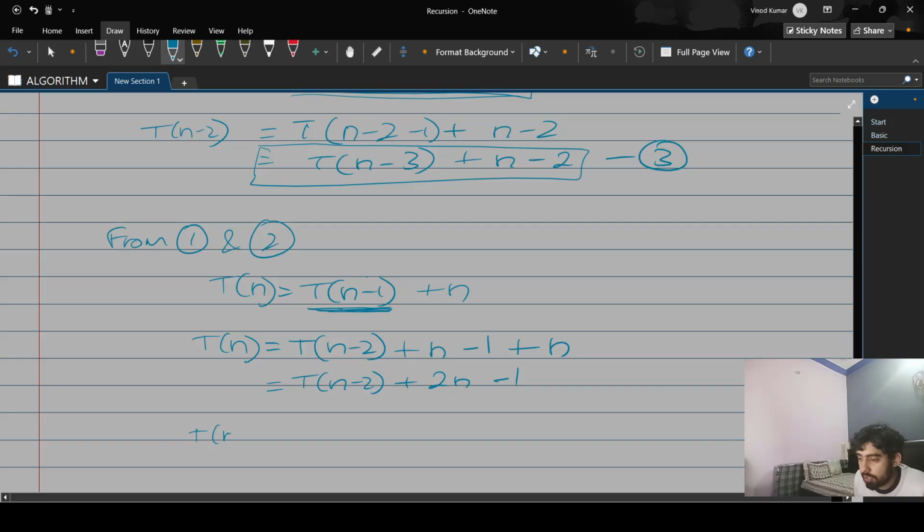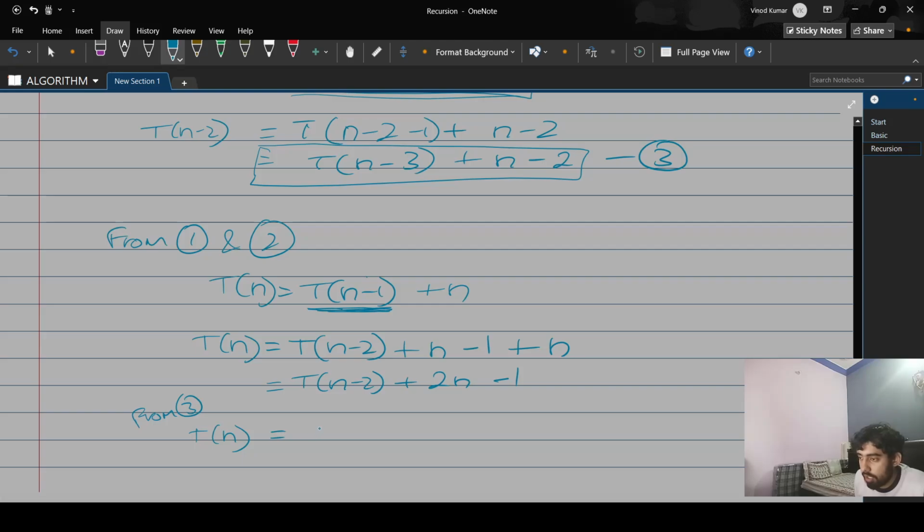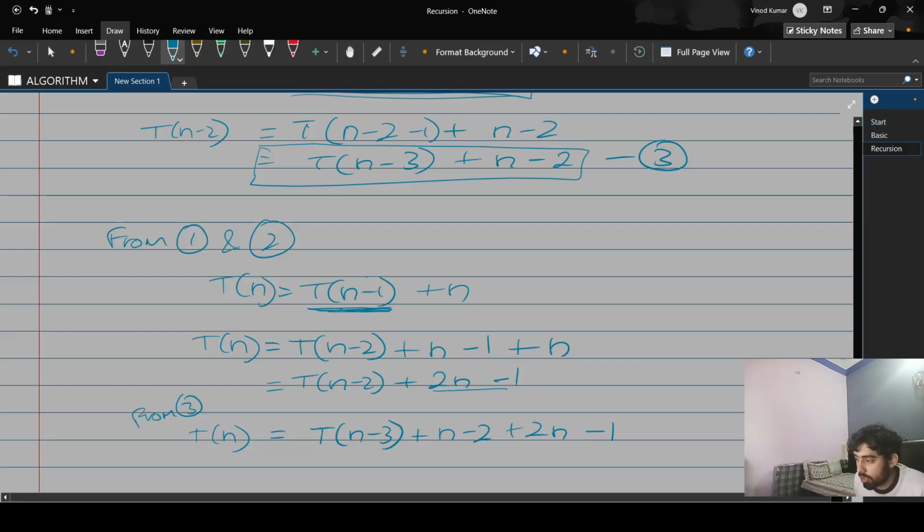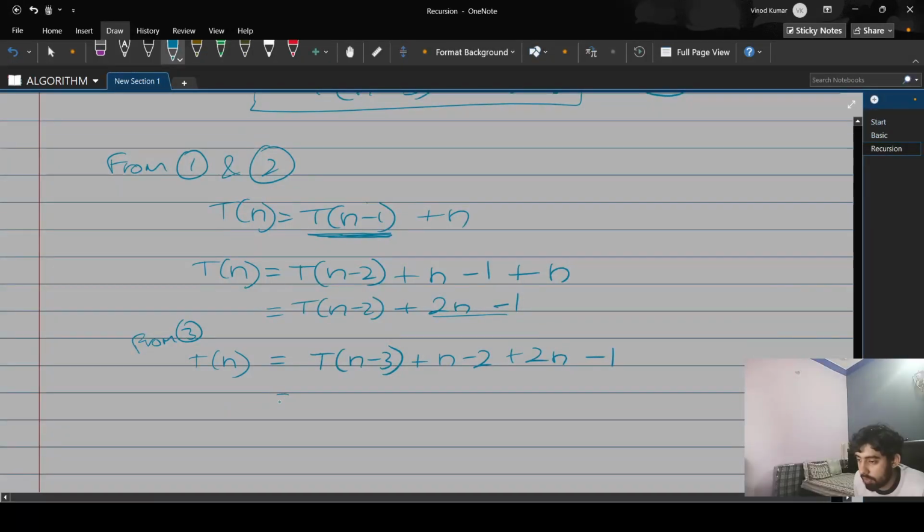And for the third equation, this is from 3. If we go for the third equation as well, here it will form, we were finding T of n minus 3 plus n minus 2. Now this plus 2n minus 1. Here after solving we will get T of n minus 3 plus 3n minus 3.